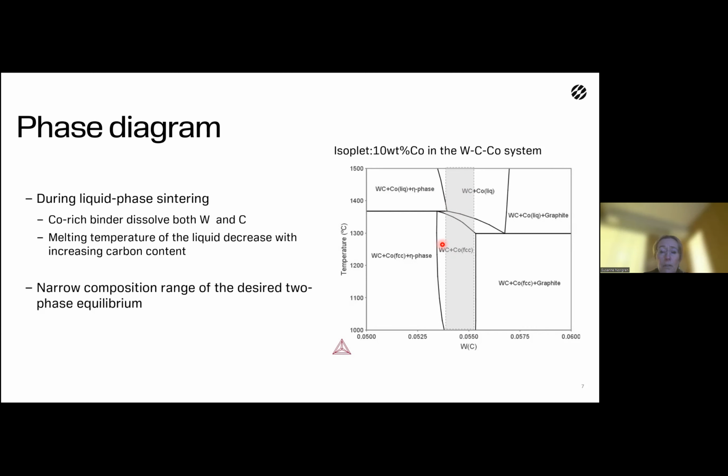And also, if it does so, then you will have a local microstructure non-uniformity inside your material, which leads to locally different properties. So this is something you would like to avoid. That is why you would like to be in this gray area of the phase diagram.